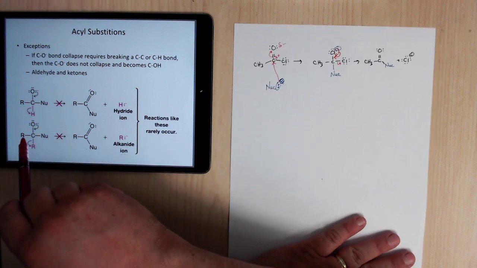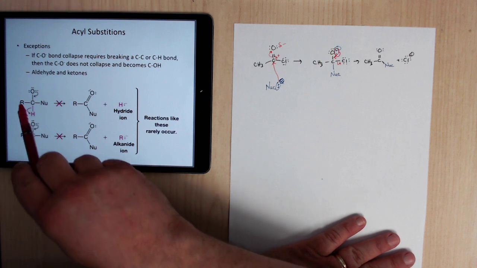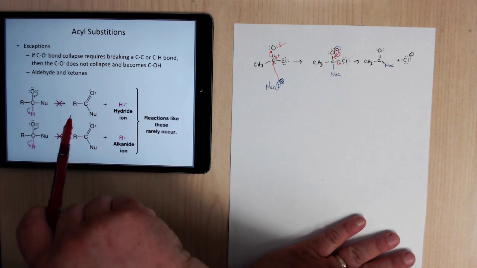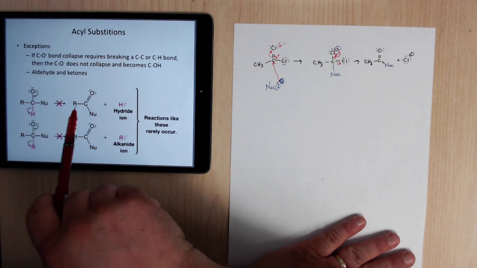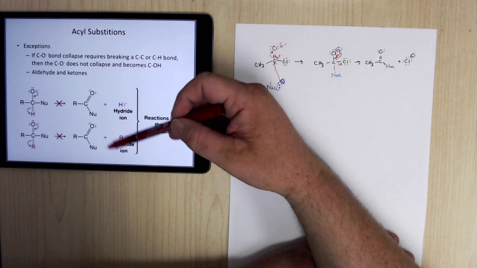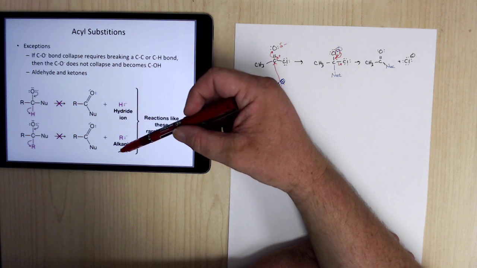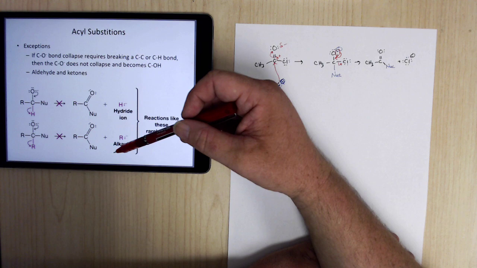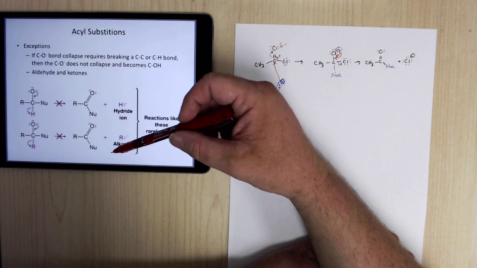There's no way that we can break a carbon-carbon bond or a carbon-hydrogen bond, so it's stuck. We can't go to the C double bond O side, because what you would need to do is either kick off a hydride or kick off a carbanion, and those are really nucleophilic and basic.